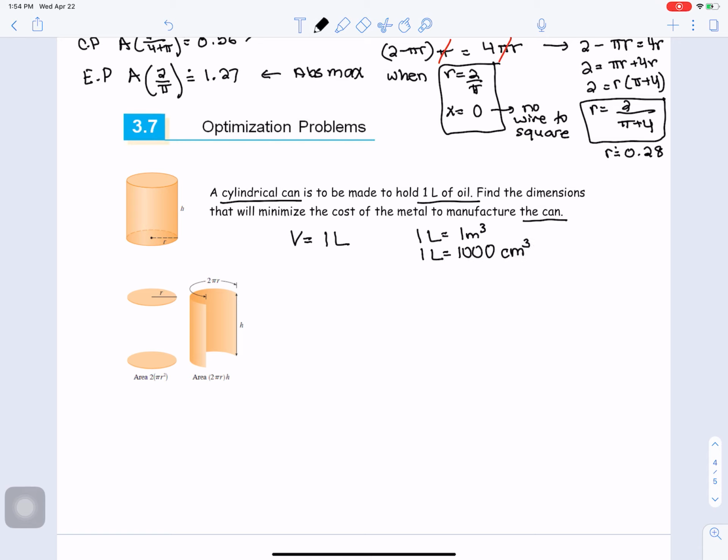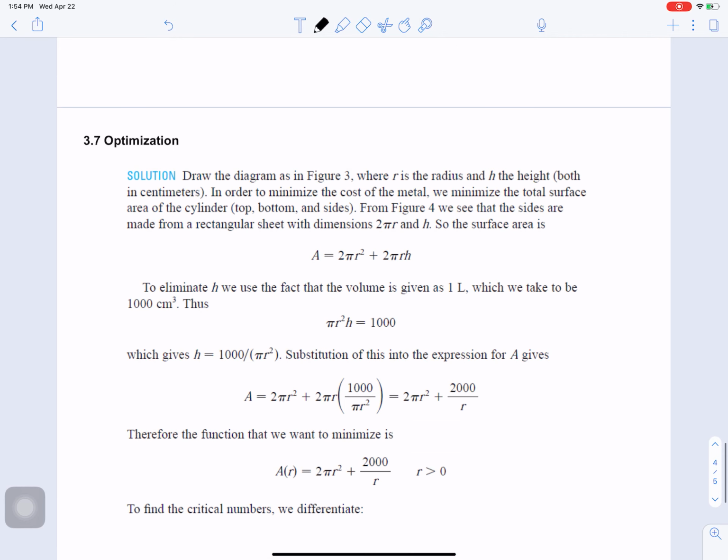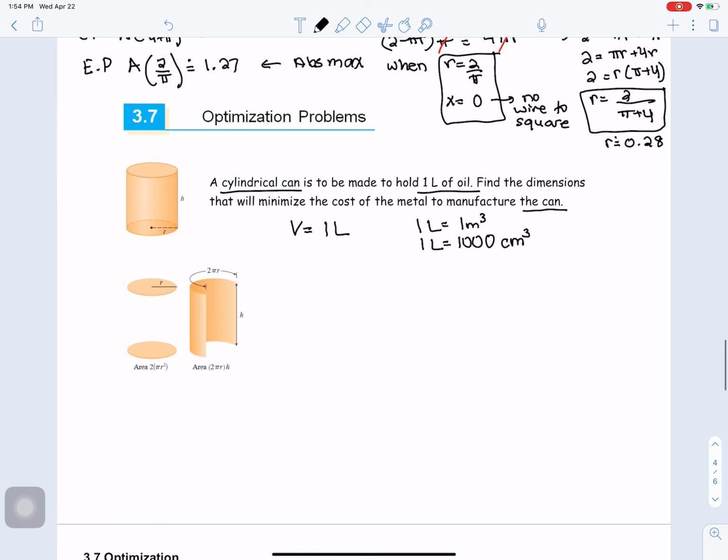In this question, the text's solution used that the liter was 1,000 centimeters cubed. When I do this problem, I don't want to make it more difficult for myself, so why not use that 1 liter is 1 meter cubed? My numbers are a bit simpler to work with.